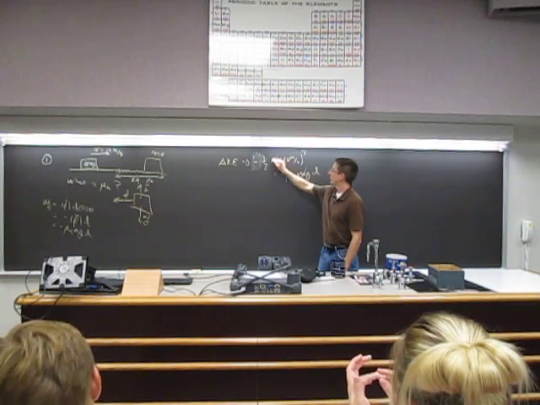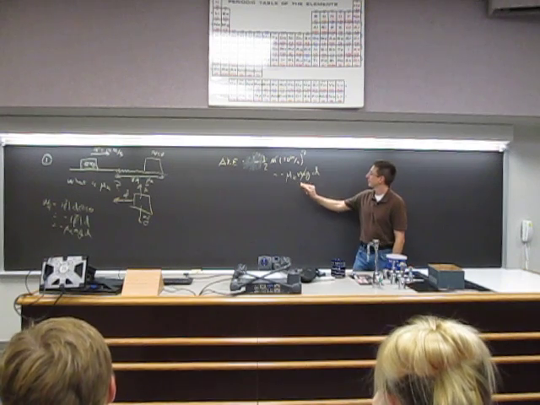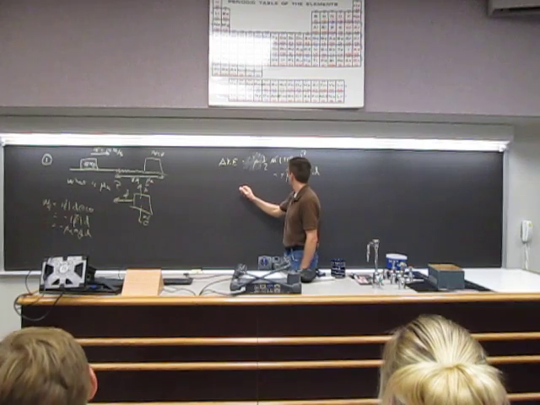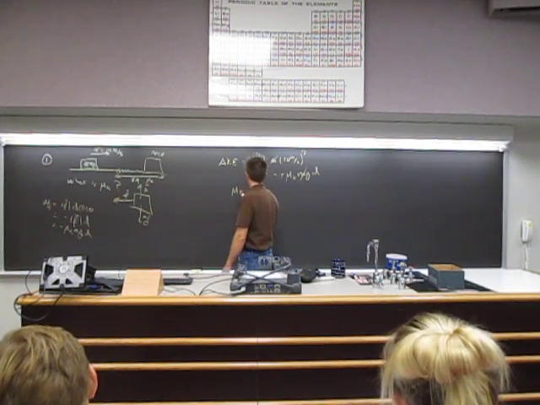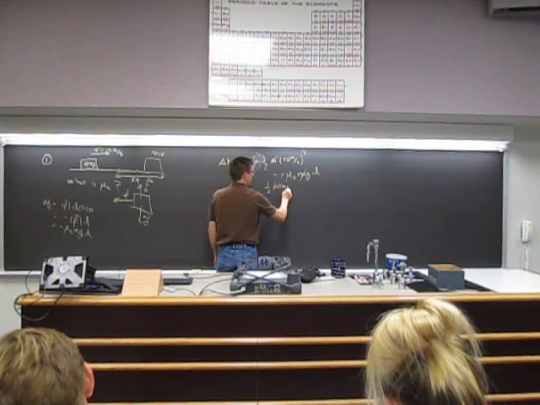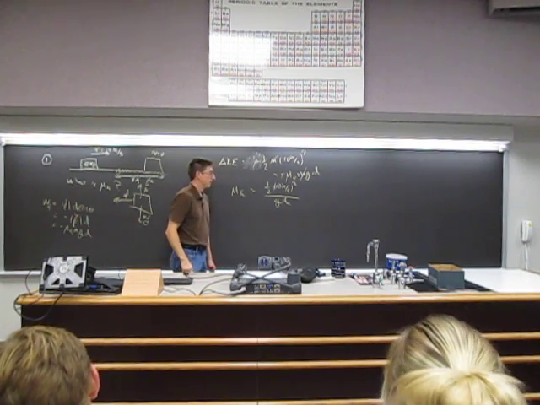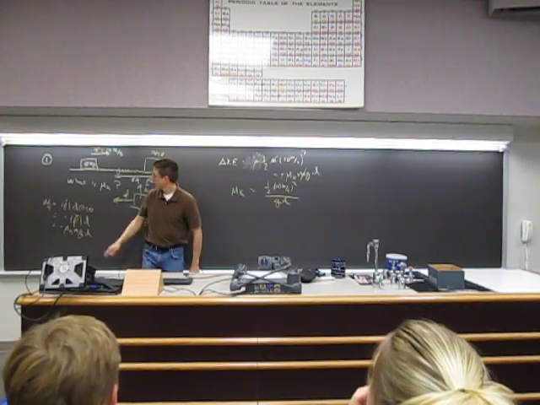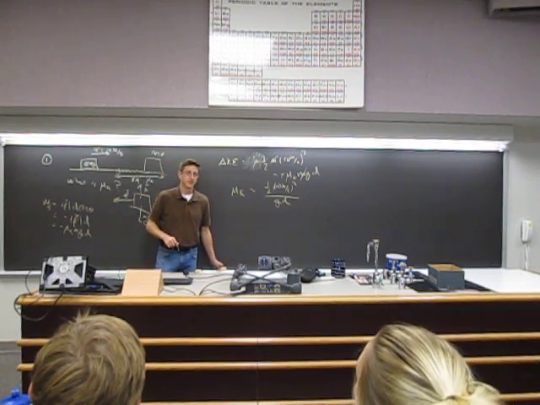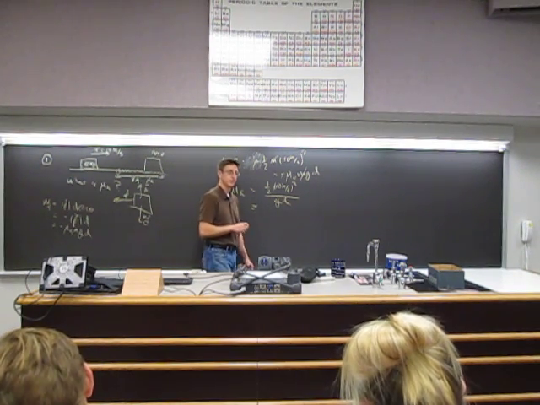I can divide both sides by m, and get rid of that minus sign. Divide through by g d, and I get that mu k is 1/2 times 10 meters per second squared over g d. Wait, what happened to cosine 180? That's negative 1. Cosine of 180 is negative 1. Okay. If I plug in numbers here, I get 2.55.